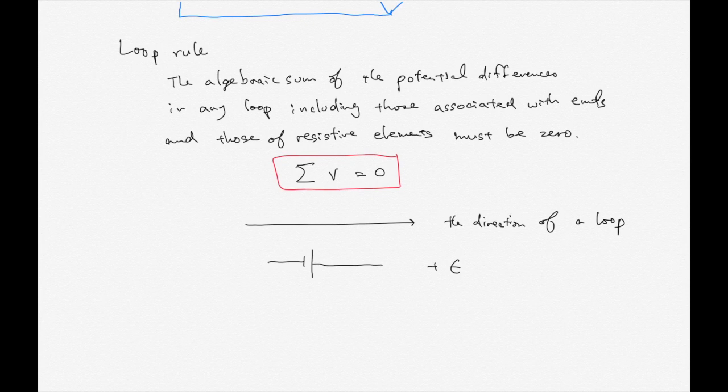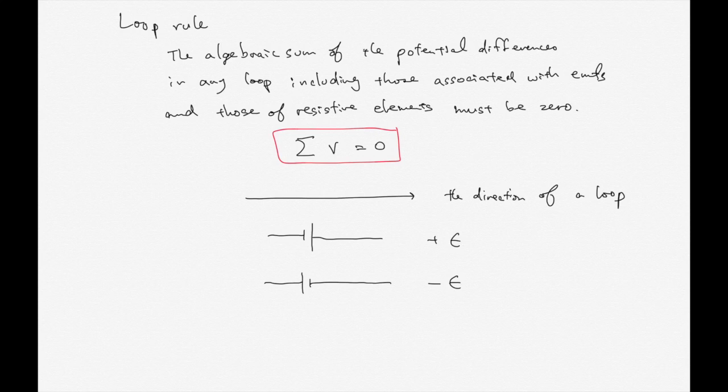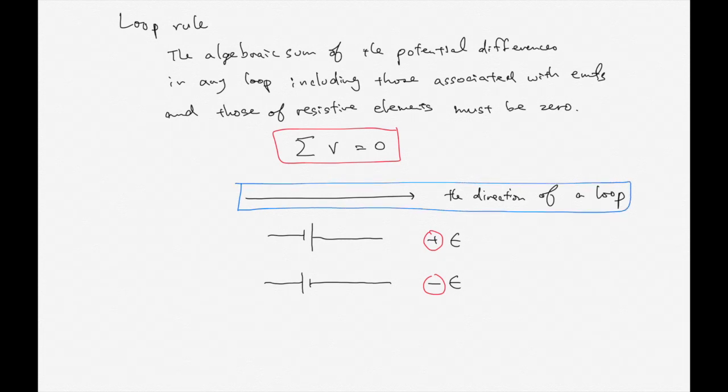If the positive pole and the negative pole are in opposite directions, you have to put a negative sign, because the directions of the positive pole and the negative pole are opposite. So it depends on the direction you choose as the direction of the loop.